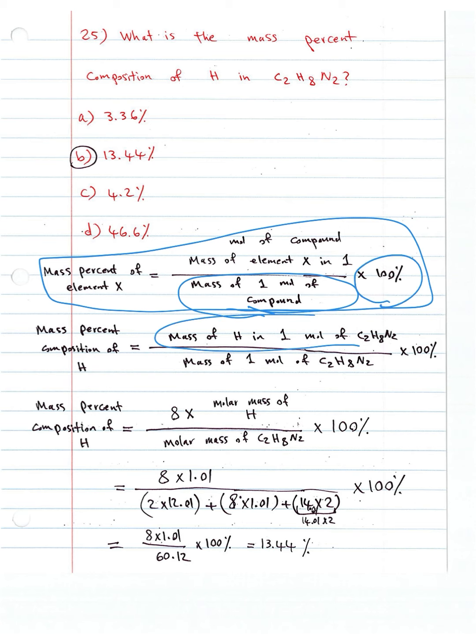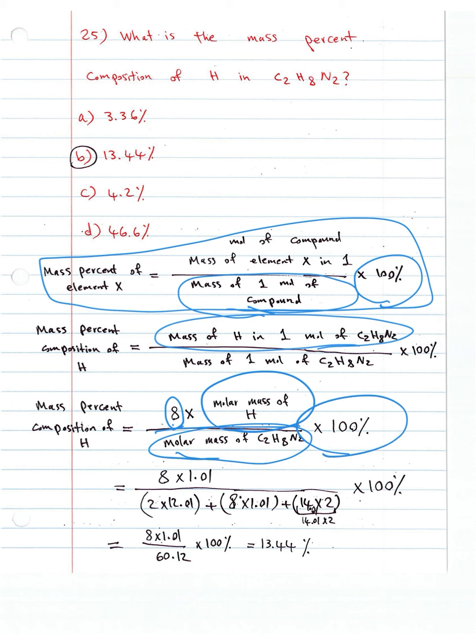So when you write that for hydrogen, you realize that in 1 mole of C2H8N2, we have 8 moles of hydrogen. So 8 multiplied by molar mass of hydrogen divided by molar mass of your compound multiplied by 100%. When you do this math, you find your answer being 13.44%.